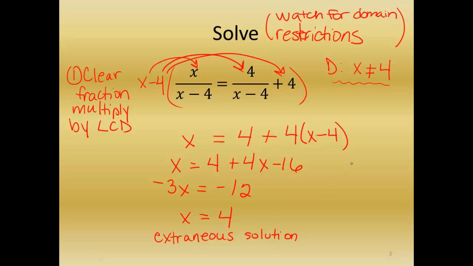What that means is the solution to this problem is really no solution. The answer I got is not in the domain of this equation. And so my answer is no solution.